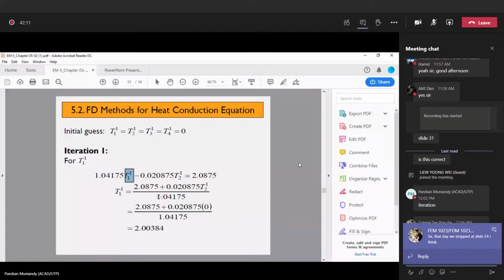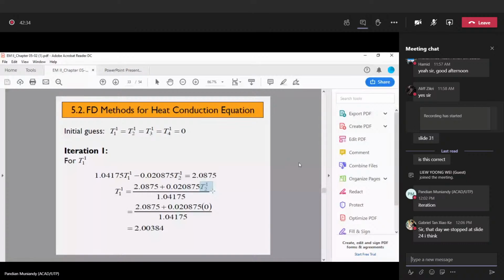So the calculation is like this. You use your calculator now, confirm with us, or validate or verify: 2.0875 plus 0.020875 multiplied by 0, divided by 1.04175. You see here, T subscript 2 is 0.